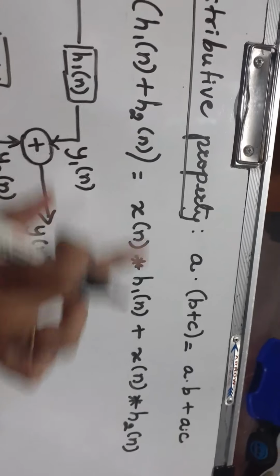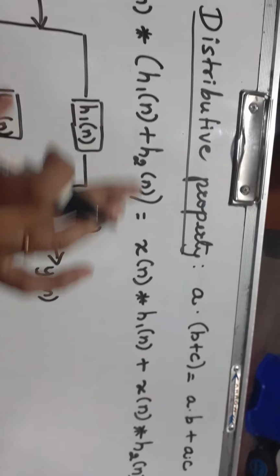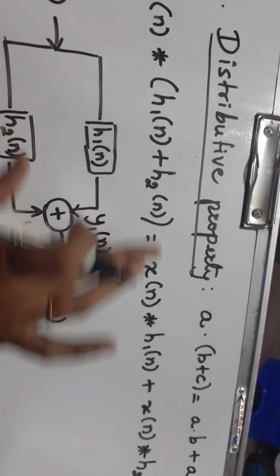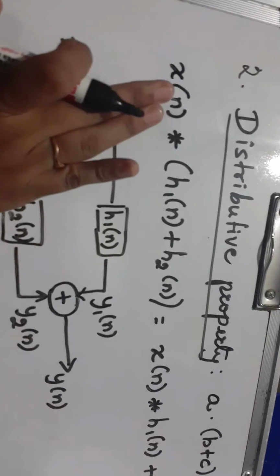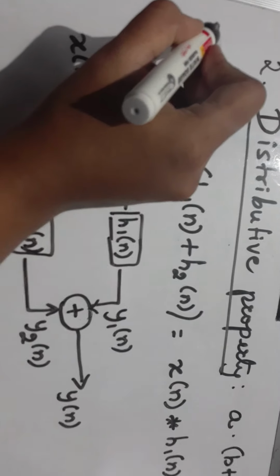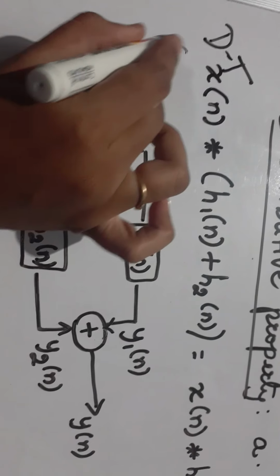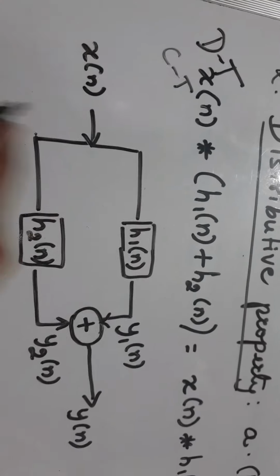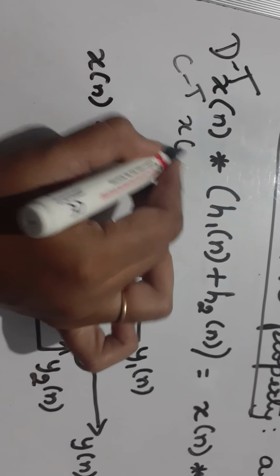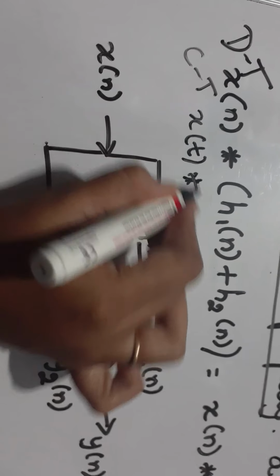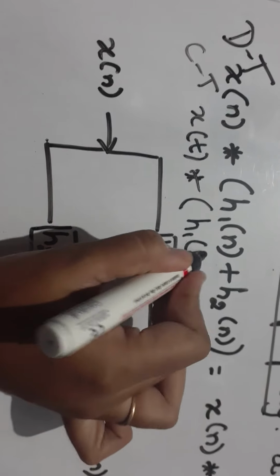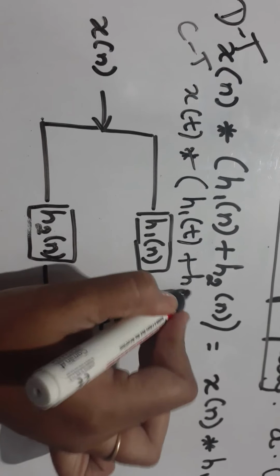So this is the property, and the same distributive property applies even for continuous time. This property I have written for discrete time. Similarly, you can write it for continuous time. How can you write it? x of t convolved with h1 of t plus h2 of t.